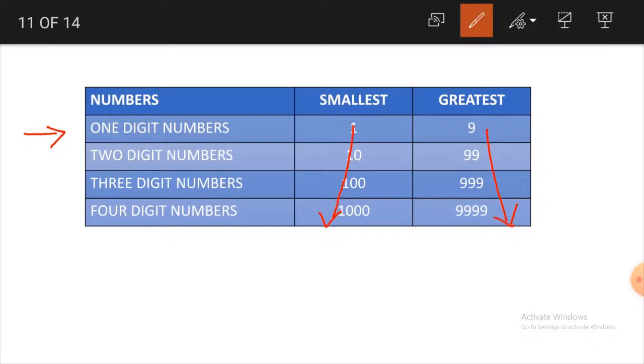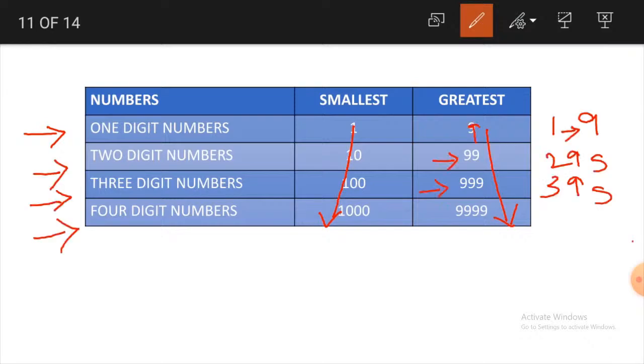Two 9s. 99. When we have to find the greatest 3-digit number, we write three 9s. 999. In the same way, the greatest 4-digit number would be four 9s, which is 9999. Understood?